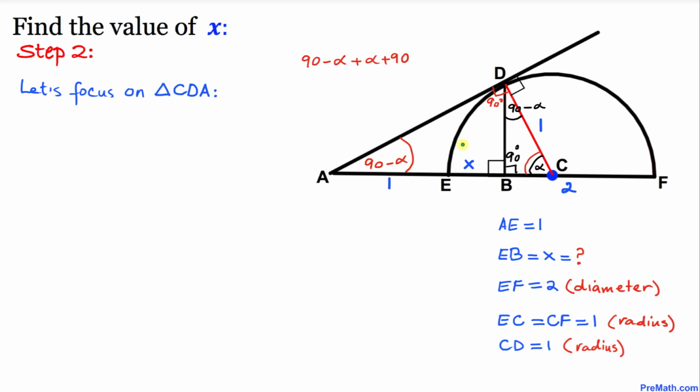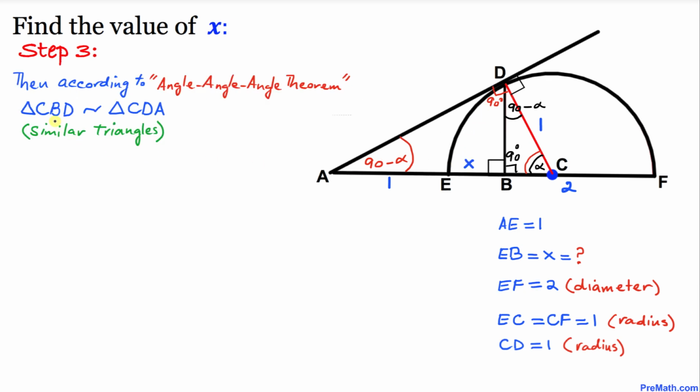Here I have copied down these 3 angles of triangle CDA: 90 minus alpha, plus alpha, plus 90 degrees. We can see this negative alpha and positive alpha cancel out, so we end up with 180 degrees.